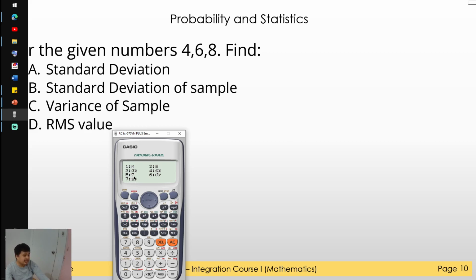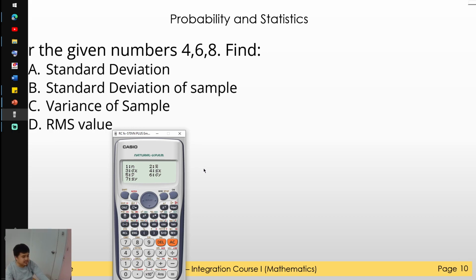We have y bar, which is the mean of the y table, or your column. And then we have sigma y, which is the population standard deviation of the y variable. And then sy is the sample standard deviation of the y variable. So you can explore this one if you want to try. For the standard deviation, we only have this as a population. So therefore, this should be sigma.